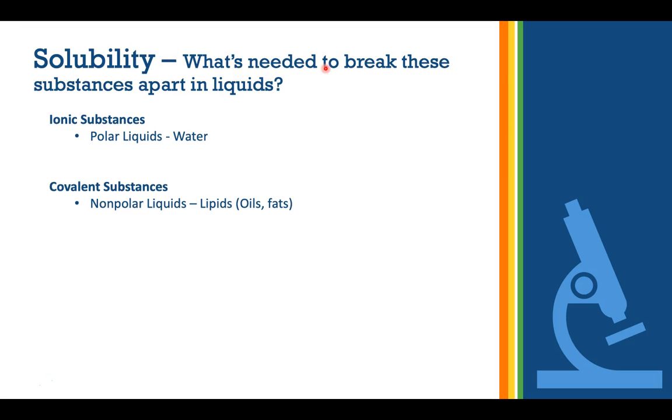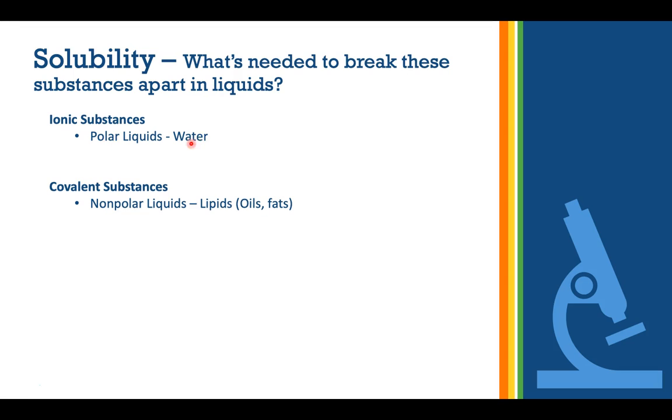Solubility. What is needed to break these substances apart in liquids? Well, ionic substances break apart in water. Water is a polar liquid, and ionic substances are completely polar. They have full-on charges. So, of course, like dissolves like. I want you to remember that. Like dissolves like.